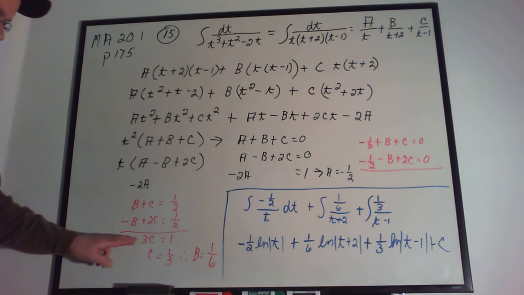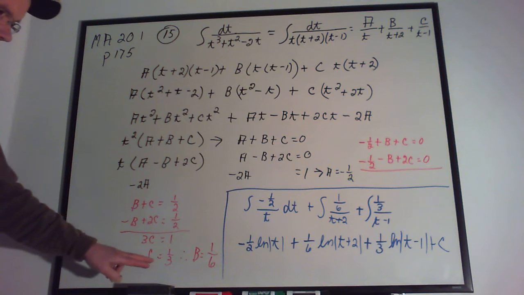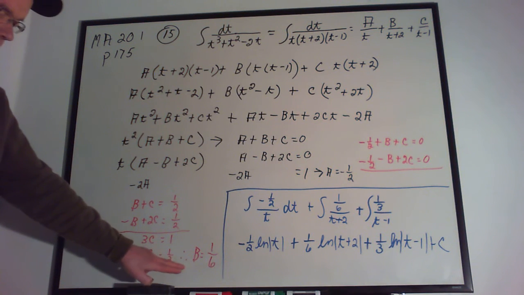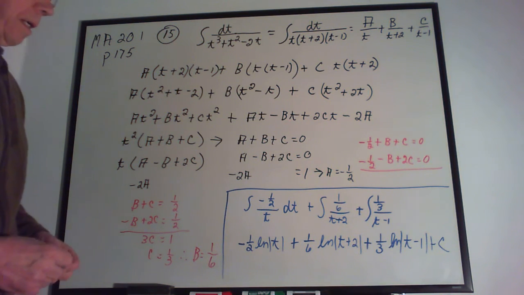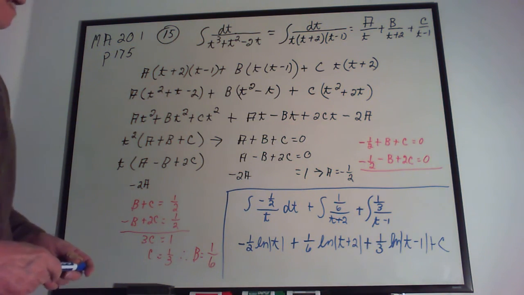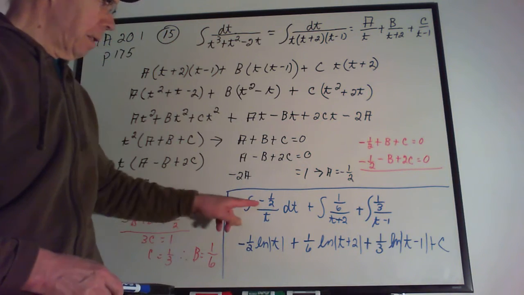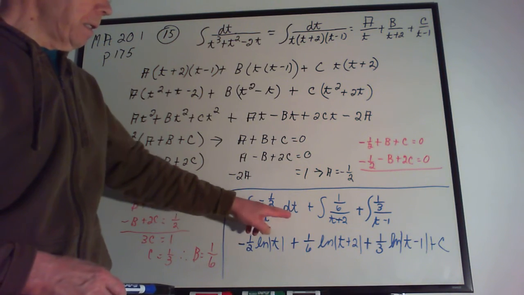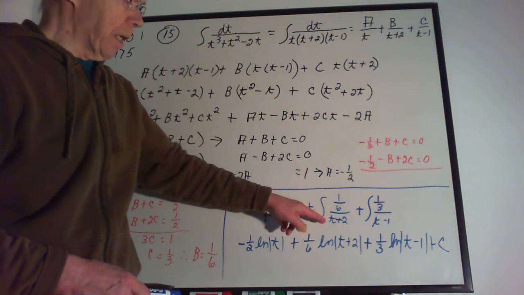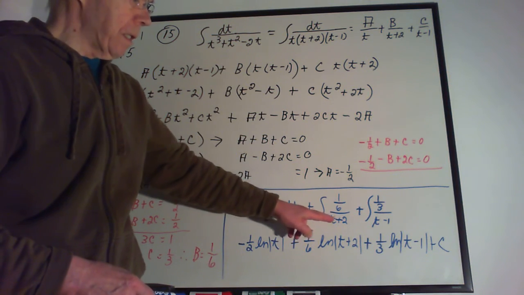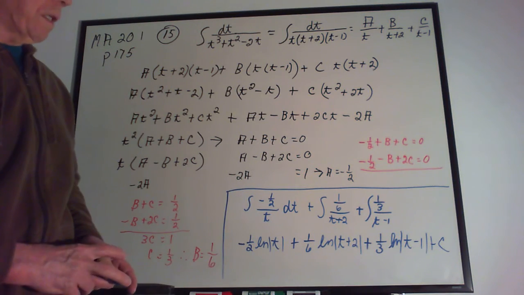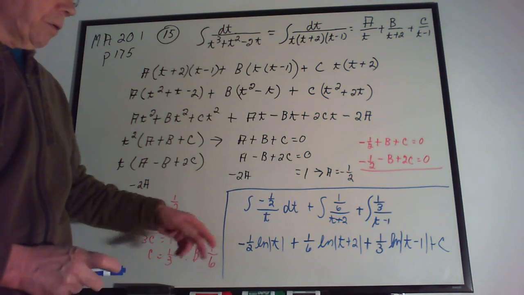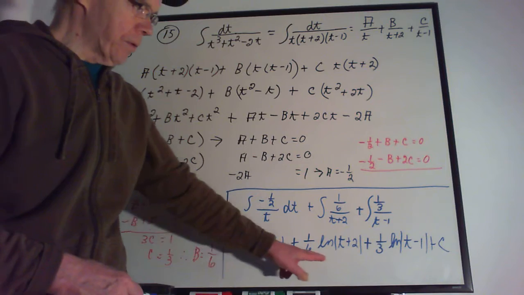Add these two together, you get 3C equals 1, C equals 1/3, therefore B equals 1/6. So now you've got numerical values for A, B, and C. You plug them back in up here. You have negative 1/2 over t dt plus the integral of 1/6 over t plus 2 plus the integral of 1/3 over t minus 1. You do the work, you'll end up with this answer.